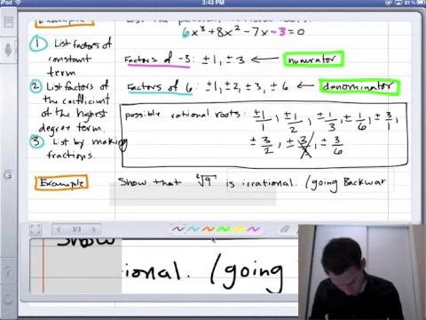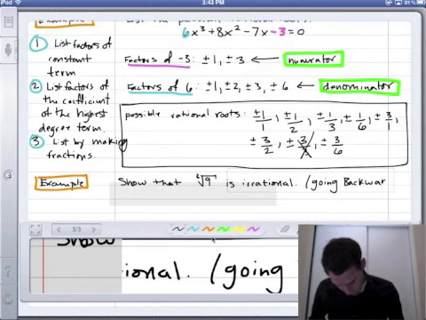To go backwards, I cube both sides. So I'll get x cubed equals 9. And then continuing on, I'll subtract 9. So x cubed minus 9 equals 0. Now I have a polynomial equation.